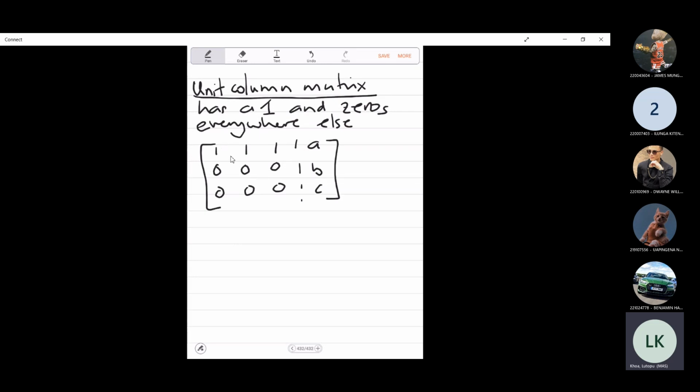Even though each of these is a unit column matrix by definition, when I'm looking for the rank, I'm not just looking for how many of these I have, I'm looking for how many unique ones I have. Because if I look at the first one, the 1 is at the very top.